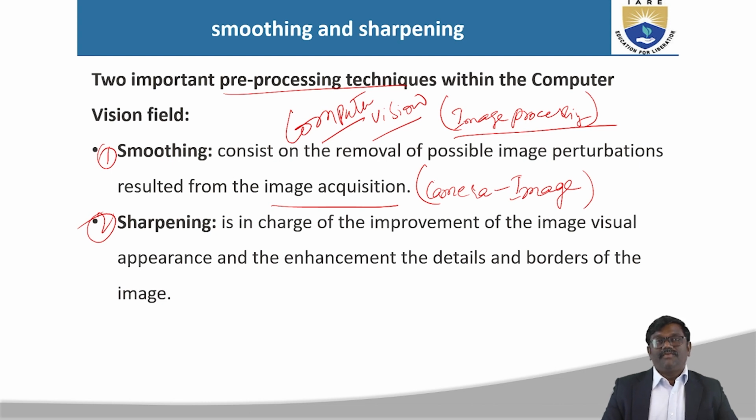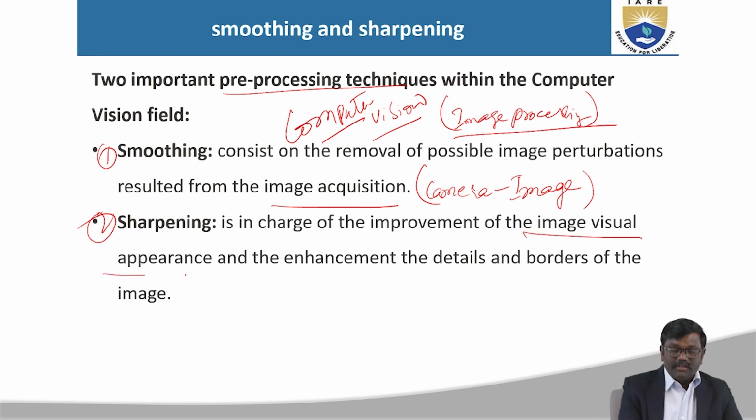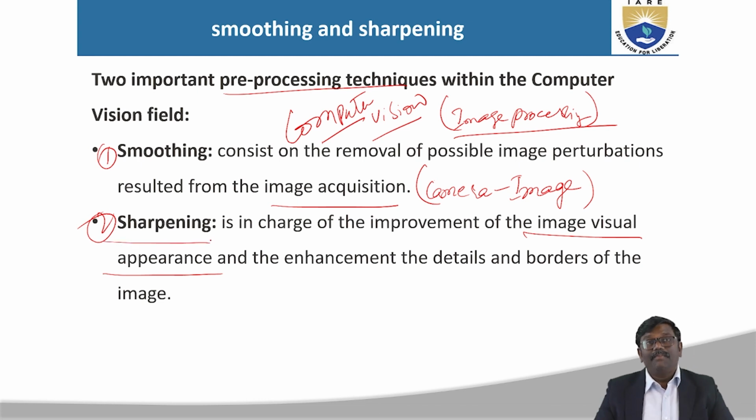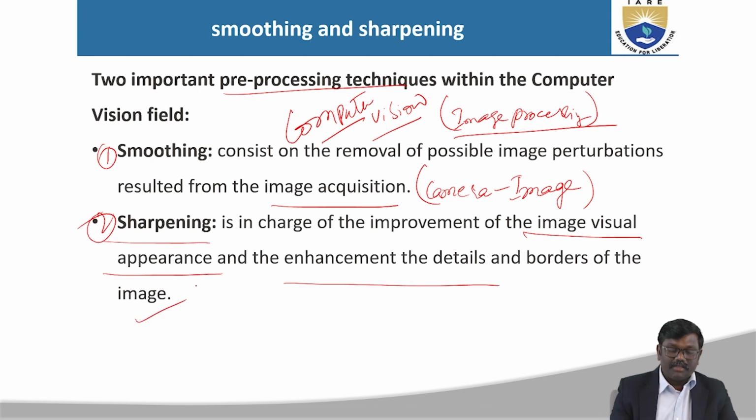Whereas the second one, which we are going to understand here, sharpening, is in charge of the improvement of the image's visual appearance and the enhancement of the details and the borders of the image. So that means the improvement of image visual appearance is applied by the sharpening pre-processing technique, which obviously helps us in the enhancement of the details and the borders of the image only.